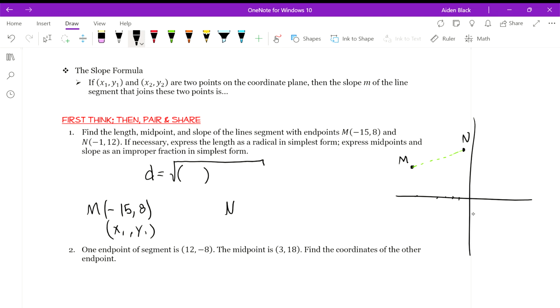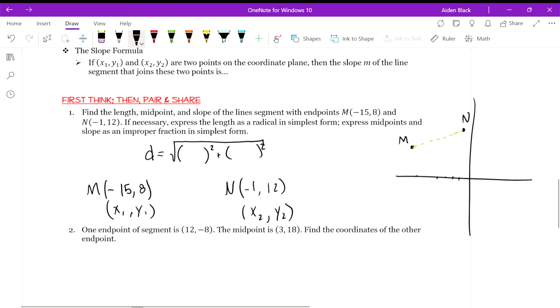And then N, which is negative 1, 12, is our second point. So I'm going to write x2, y2. So we can just fill this in, and it'll help us find the distance.